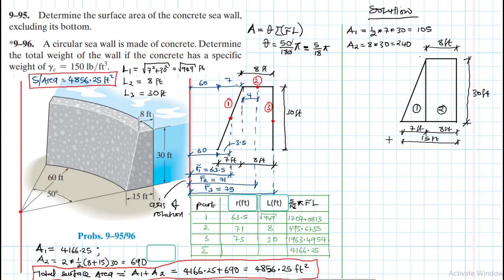Let's find the centroid location. So for this one is a triangle. Let's not forget to draw the axis of rotation. It will have the axis of rotation also, let's say somewhere here. We don't forget that, the axis of rotation, and the axis of rotation from one end, from there to there, it is 60 feet.